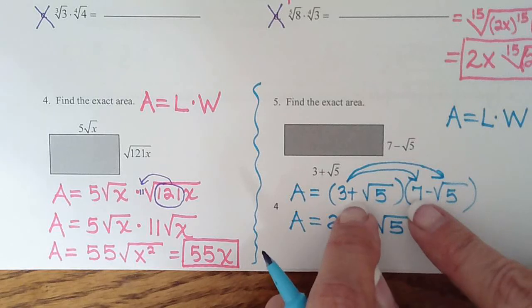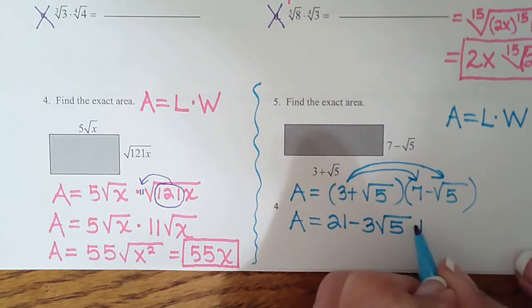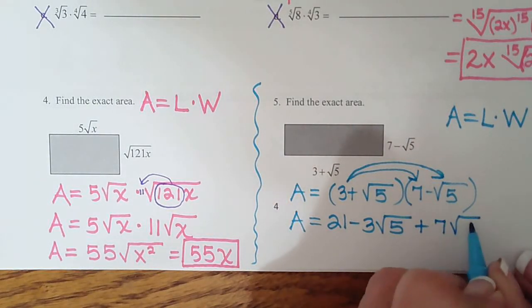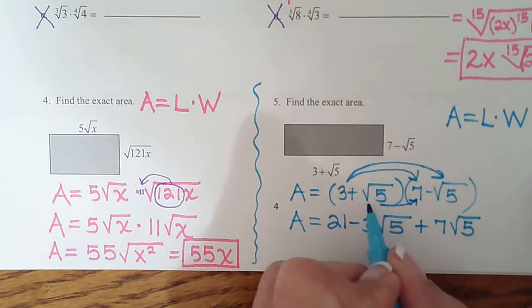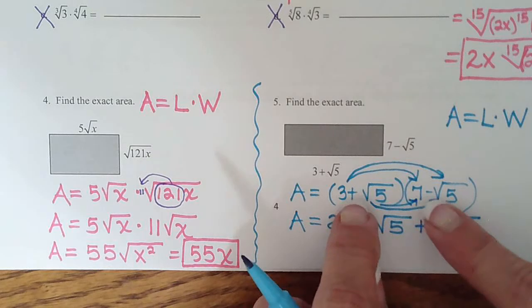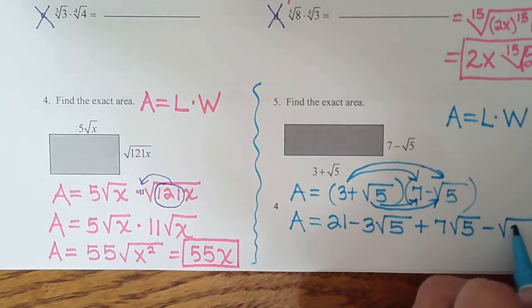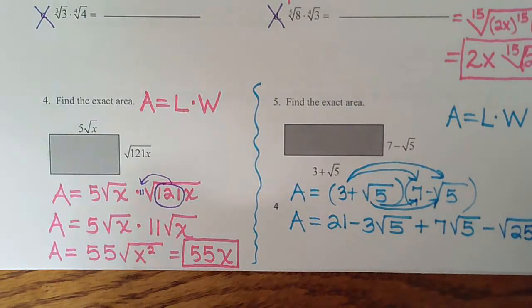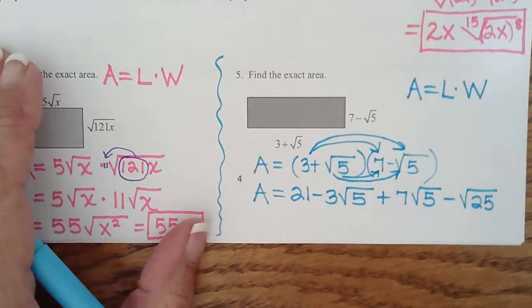From inner, we get positive 7 radical 5. And from last, we have a positive times a negative, so negative square root 25. And remember the rule for FOILing with radicals, you almost always have some simplifying to do.